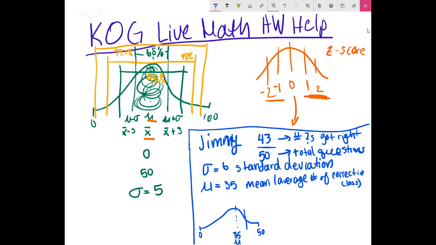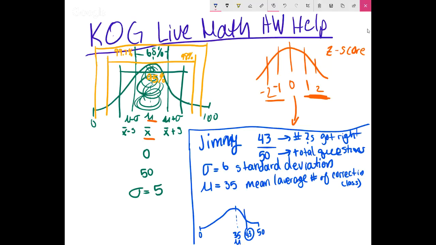And Jimmy got 43 right. 35 is the average amount of questions correct in the class, and 43 is what Jimmy got on his test. He got 43 right on his test, so he got above average. That's one observation.